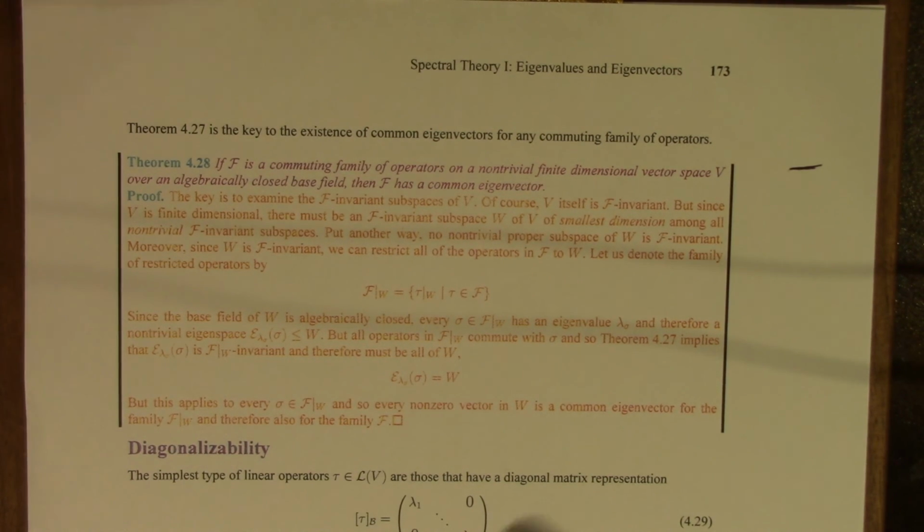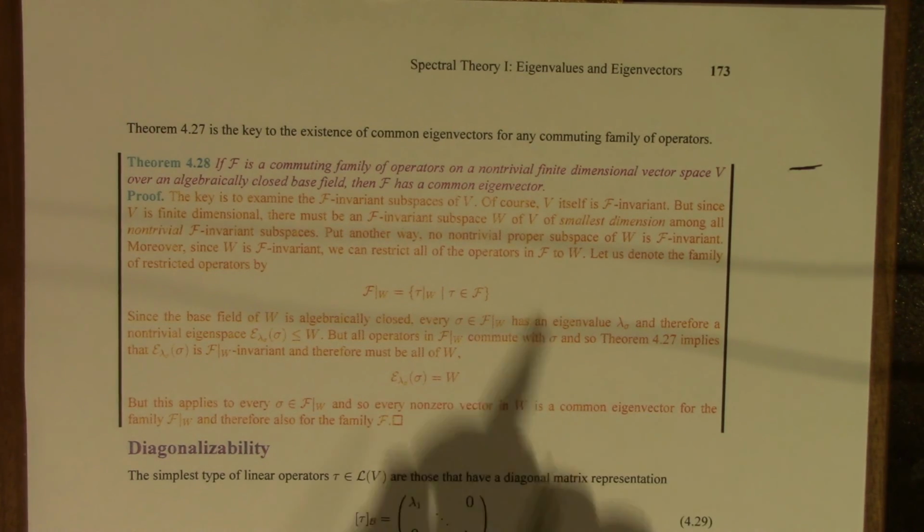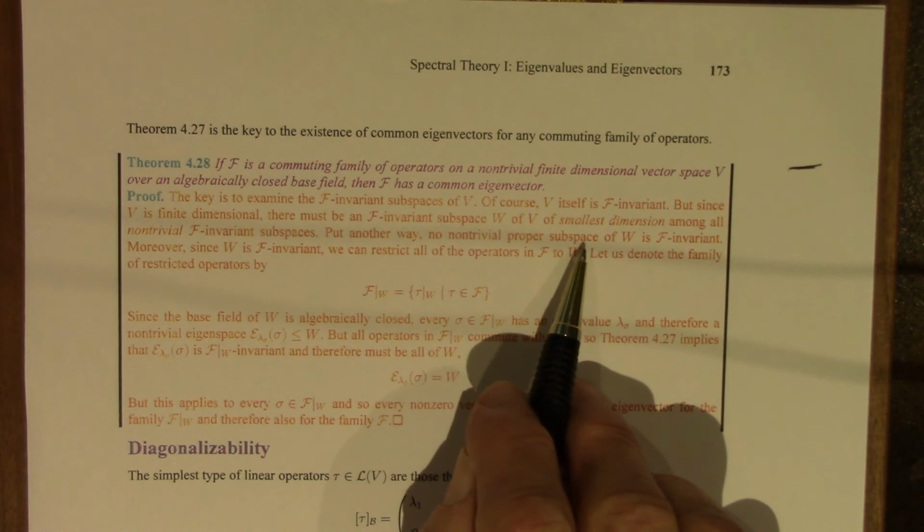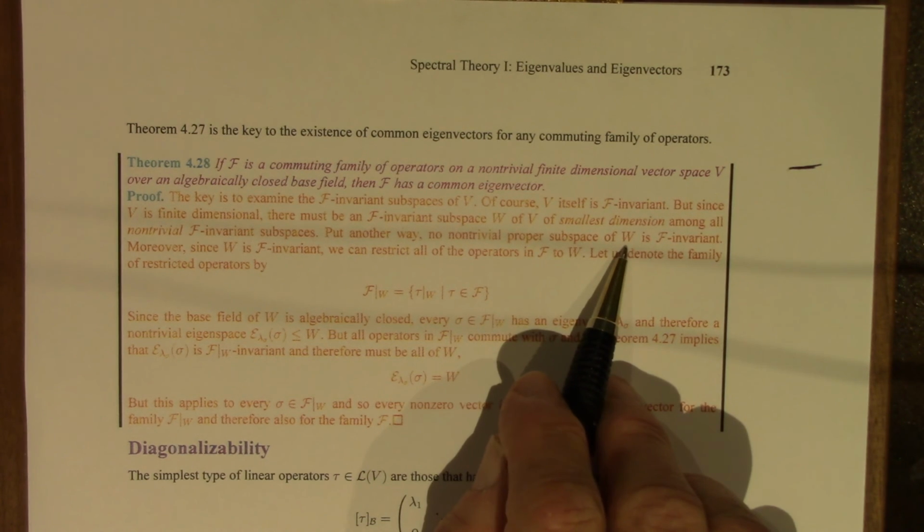Obviously the trivial subspace has the smallest dimension. We're going to leave that out. So among all the non-trivial F invariant subspaces, there must be one of smallest dimension. So put another way, no non-trivial proper subspace of W is F invariant.